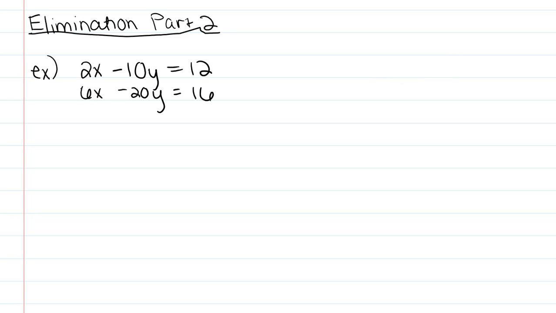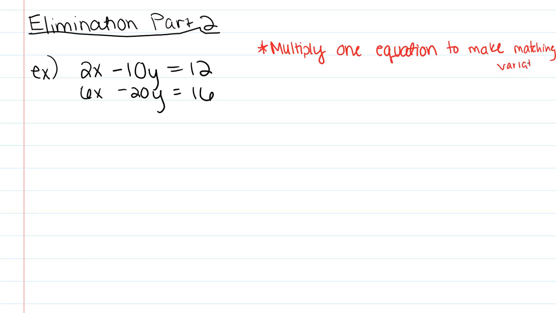So what we're going to have to do is multiply one of the equations to make variables match. I want to leave plenty of room there because we're going to multiply and put the new equations to the right.